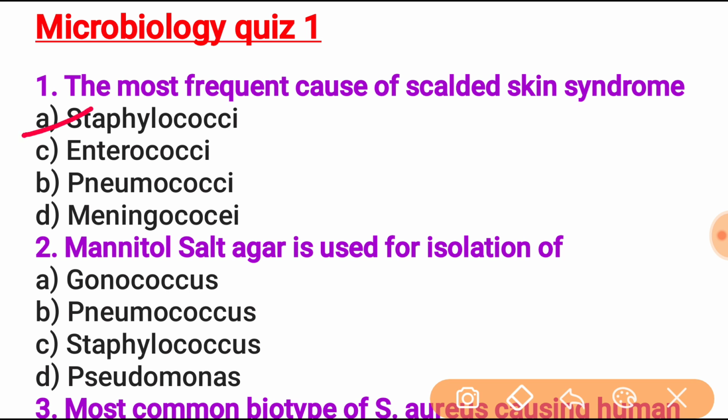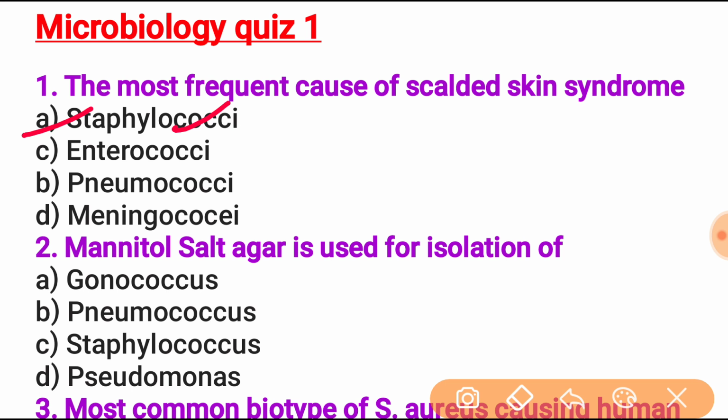Scalded skin syndrome is a toxin-mediated illness caused by Staphylococci. Staphylococci also cause toxic shock syndrome, food poisoning, staphylococcal scalded skin syndrome, and toxic epidermal necrolysis.